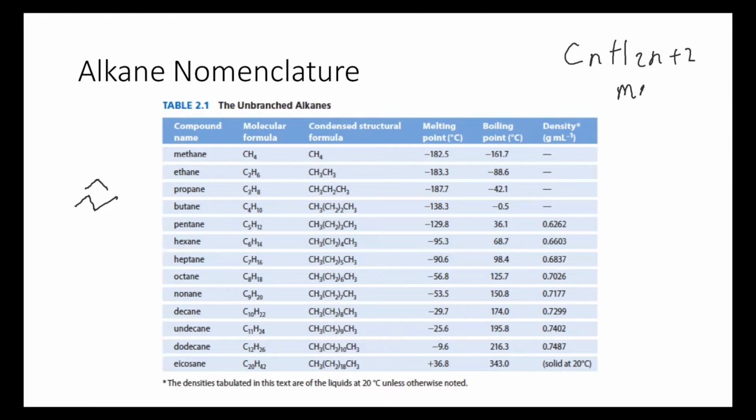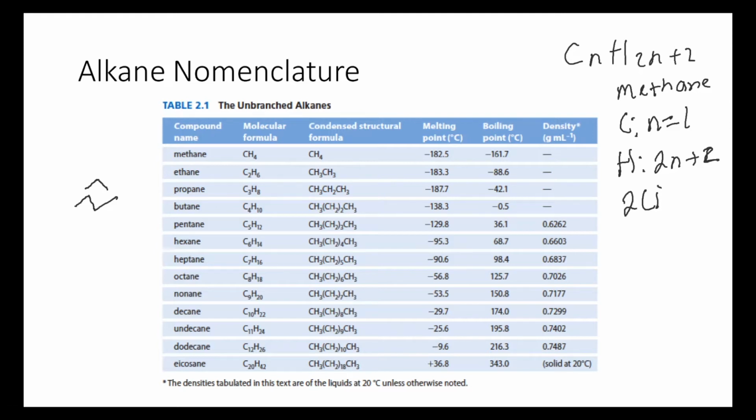Let's do an example for methane. We memorize that for methane, n equals 1, 1 carbon. And then we can just use the formula to calculate the hydrogens: 2n plus 2. Sorry, my handwriting is bad, I need to work on that.